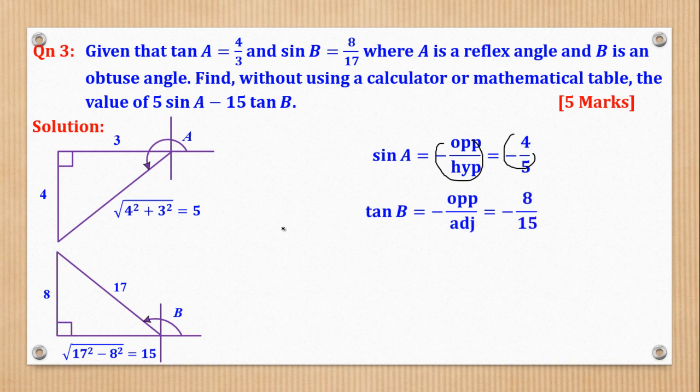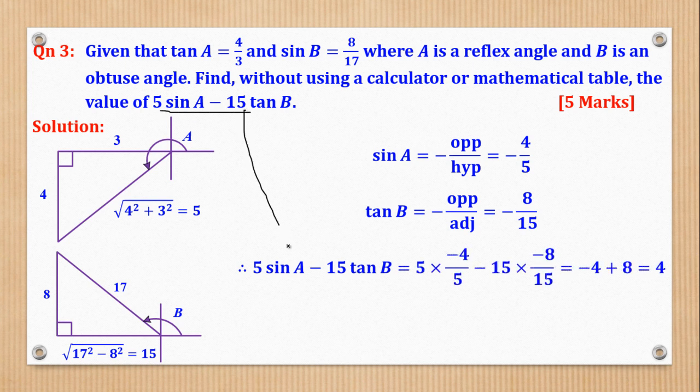Then tan B is negative in the second quadrant, that's why it's negative opposite over adjacent. Then I can substitute in the expression given. So sine, tan to come up with this, which is equal to 4. And that's what they wanted.